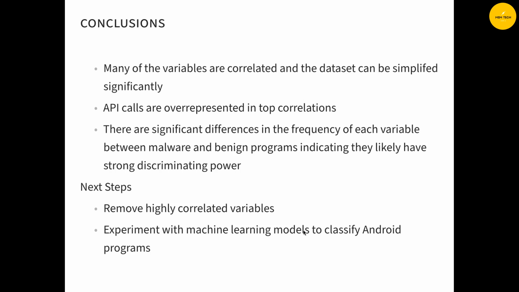My next steps will be to remove these highly correlated variables, as well as experiment with machine learning models to classify Android programs, and see whether we can achieve a model with high accuracy, really good precision, and ideally learn something more about the data.